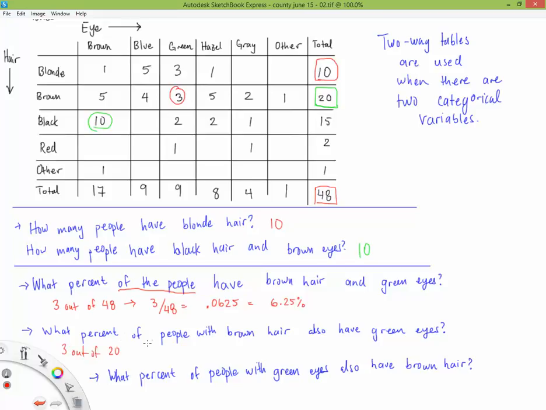The key here is what percent of people with brown hair. Okay, so 3 out of 20. 3 divided by 20 gives us 0.15, 15%.